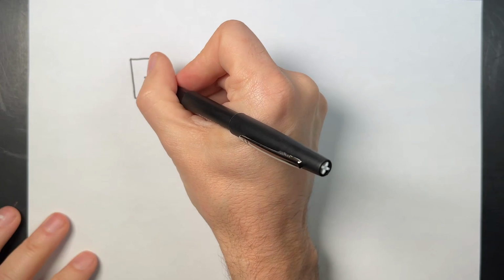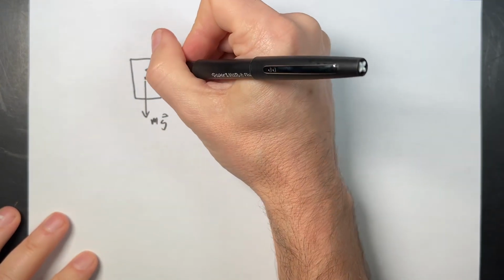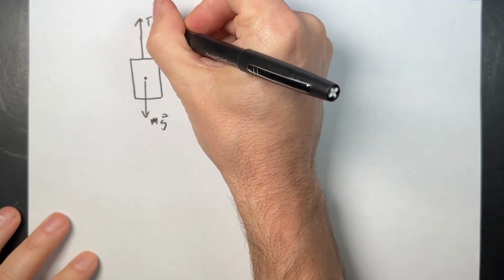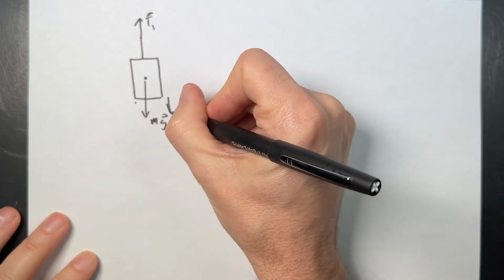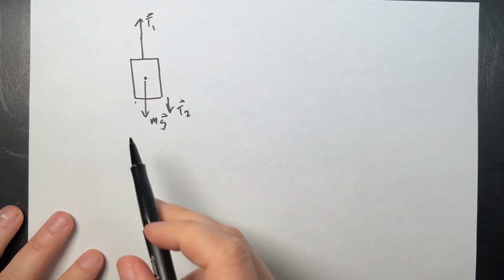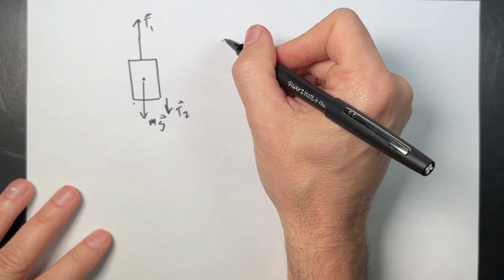Okay, so if I have a block right there, and I have the downward gravitational force, mg, it's a vector, and then I have the tension, I guess I should draw it big, T1, and then I have a pull down on a string, T2. So now if I'm pulling it very slowly, then the acceleration is 0.